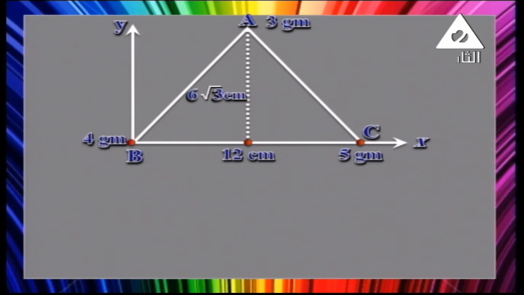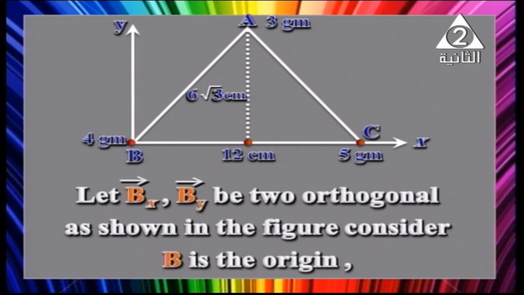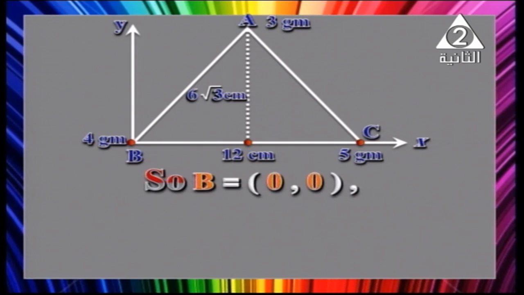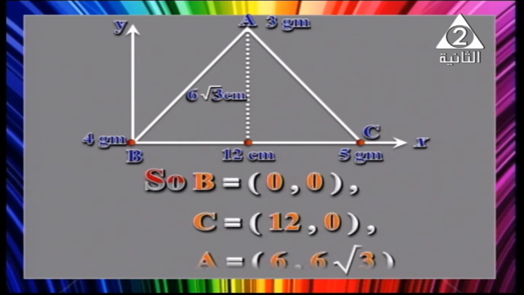We let Bx, By be two orthogonal axes as shown in the figure. Consider B as the origin point (0, 0). Point C (12, 0). Point A (6, 6 root 3).